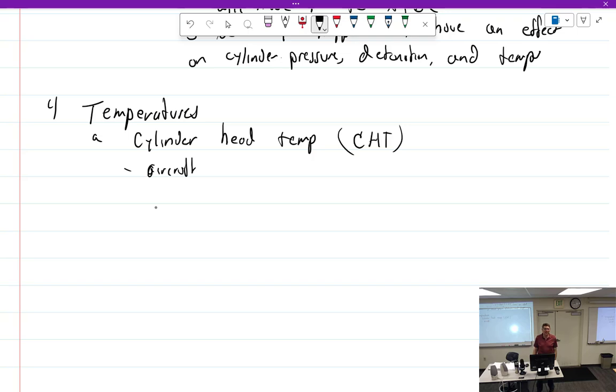So to say that you have to have a CHT and you have to monitor it is false. A lot of aircraft don't have them. What about EGT? Nope. So I can say some aircraft use the CHT gauge. Mine came out of the factory with one cylinder head temp probe, stuck right in the middle cylinder.